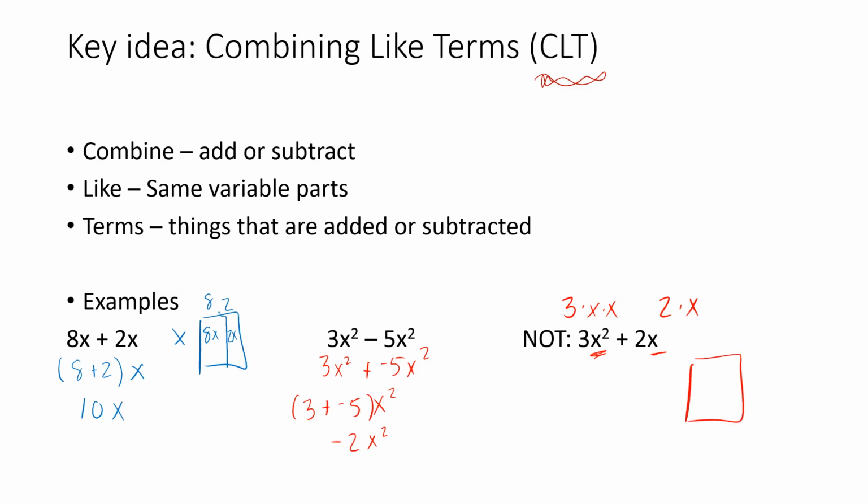If you tried to say, okay, well, we've got the 3 and the 2, but then what would you put on that side? It can't be the x squared, because then you'd mess up the 2, and it can't be the x, because then you would mess up the 3, and it just would not work. So we can't add or subtract things that don't have the same variable part.